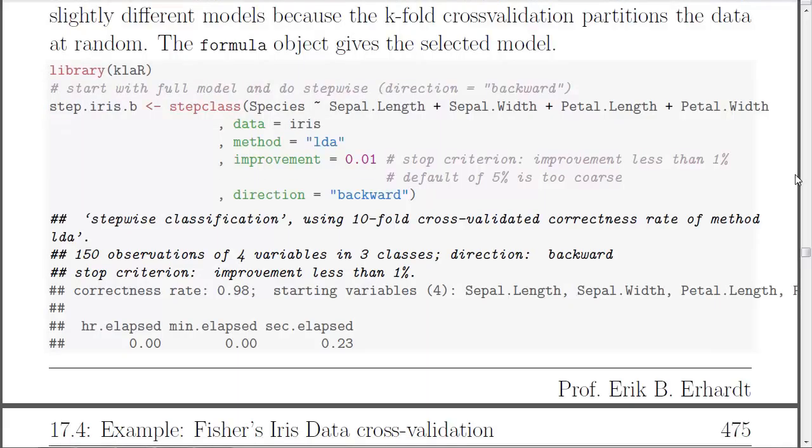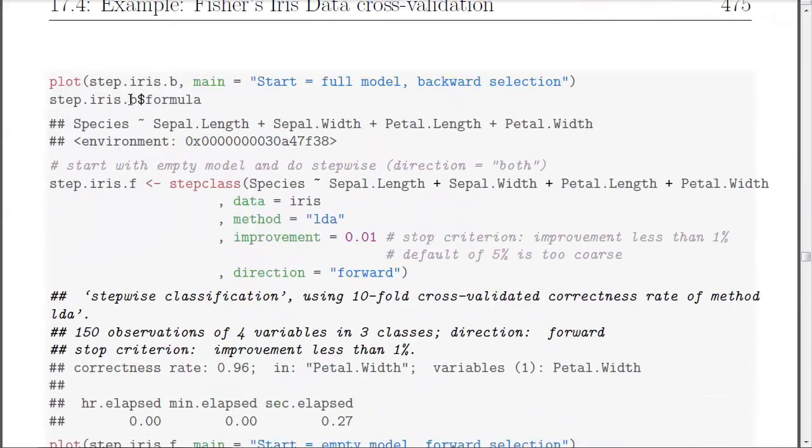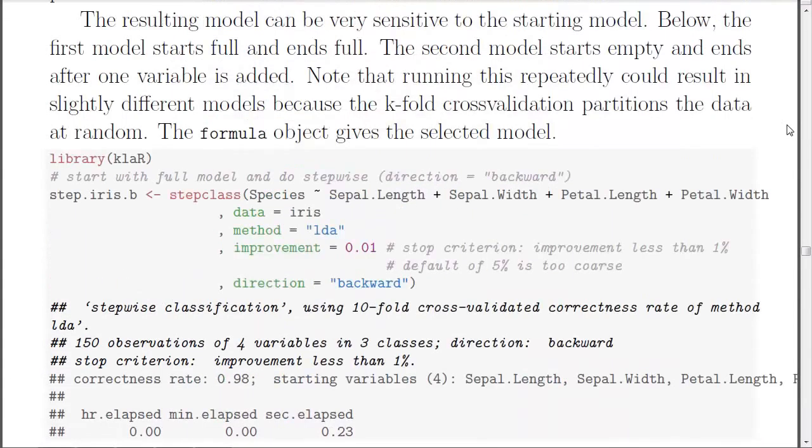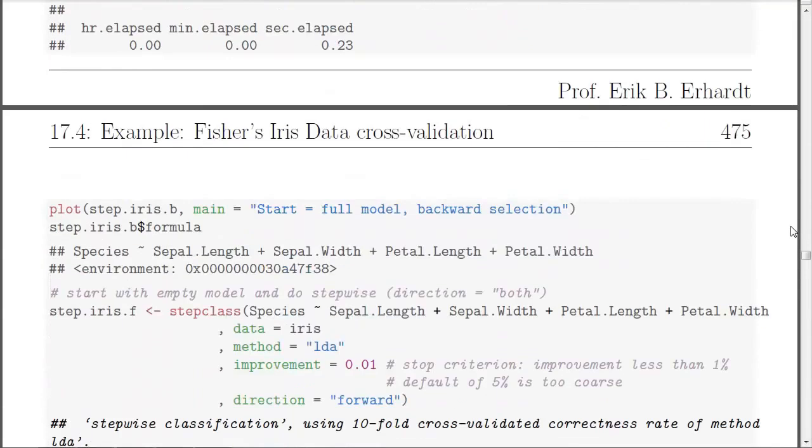When you print out the formula, that's the final resulting model. And that's the formula that in this case was used here. So that was the input formula. It did backward selection, and the final model is in this formula term.